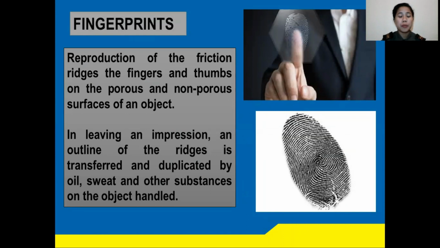So in leaving an impression, an outline of the ridges is transferred and duplicated by oil, sweat, and other substances on the object handle. So in its narrow sense, it is an impression left by the friction ridges of a human finger.